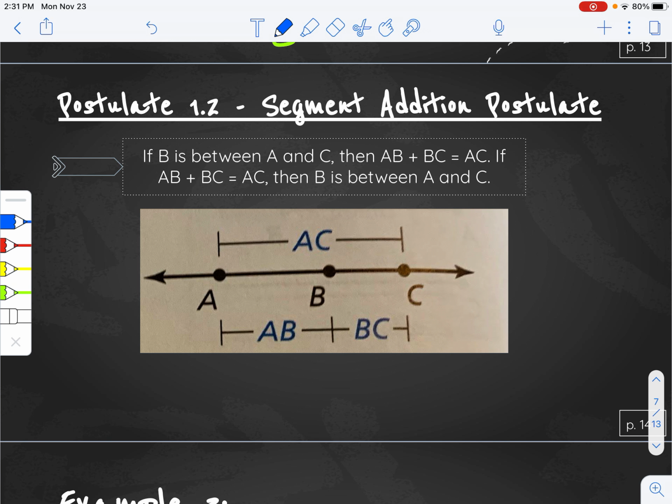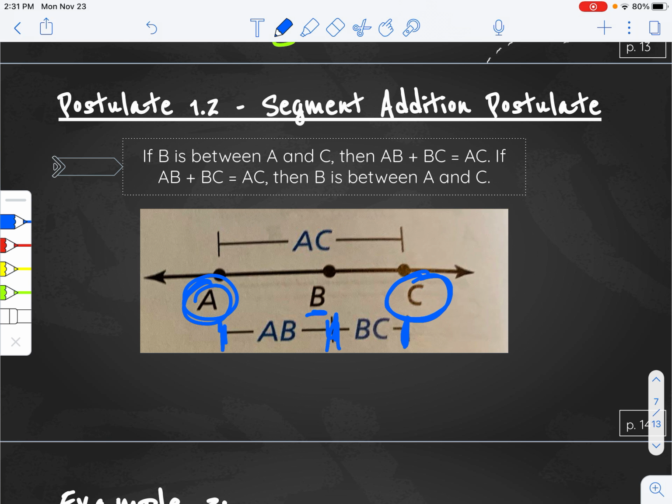All right, let's look at another postulate. So postulate 1.2, now we are moving over to page 14, right at the top. Postulate 1.2 says if B is between A and C, then AB plus BC has to equal AC. Pretty straightforward, right?